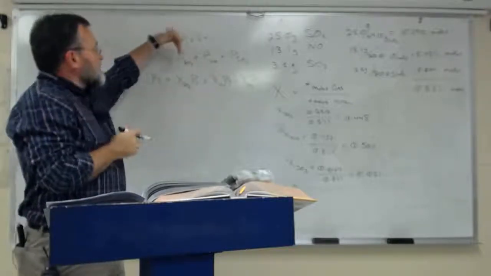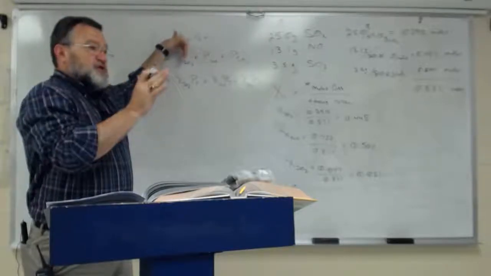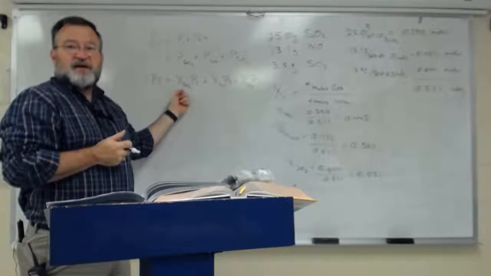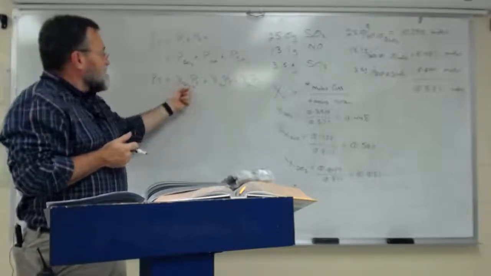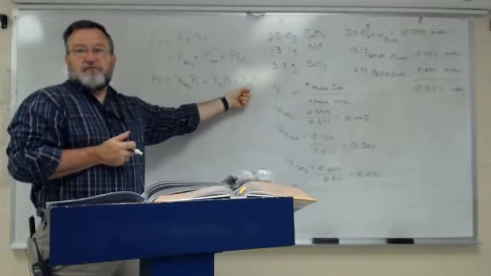Notice, what is the pressure as a result of the sulfur dioxide? The pressure that's due to the sulfur dioxide is equal to the mole fraction of the sulfur dioxide times the total. These three numbers have to equal 1.00.